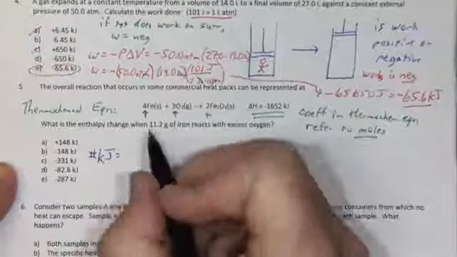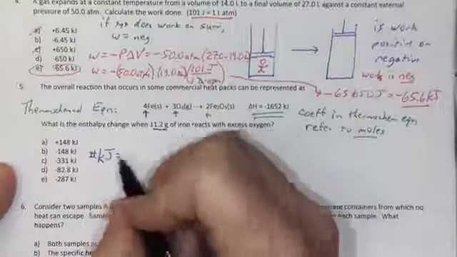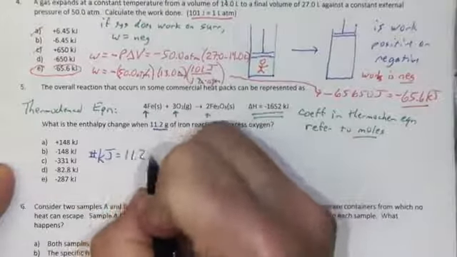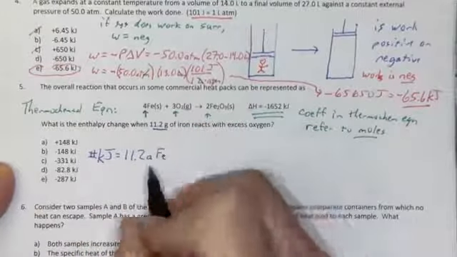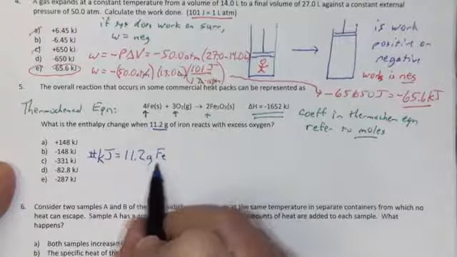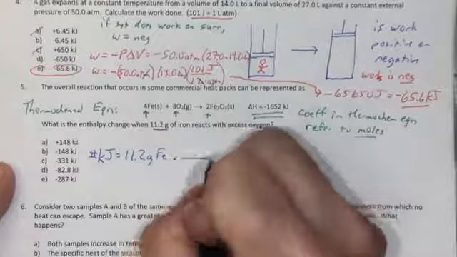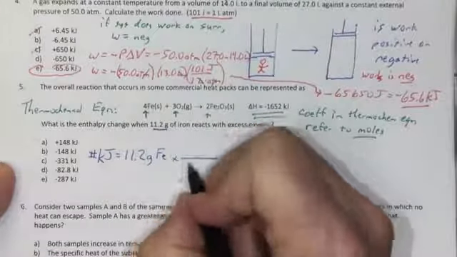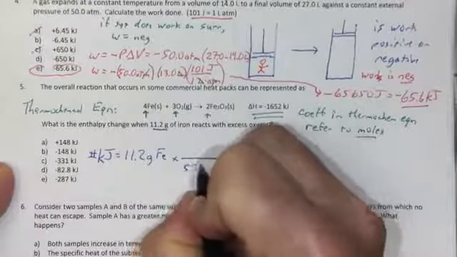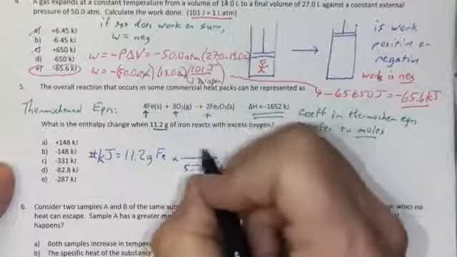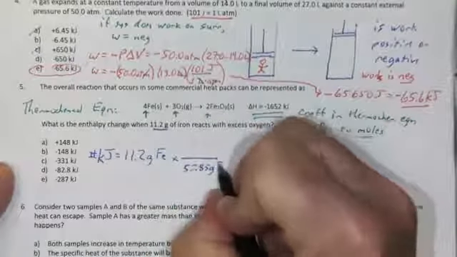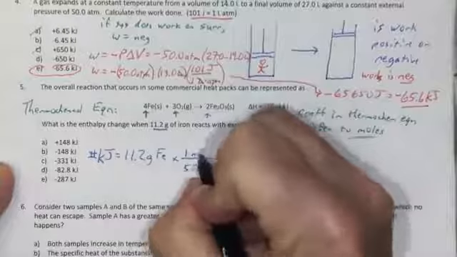Number 2, start with the given measured quantity, which is 11.2 grams of iron. Now this is just like a stoichiometry problem. And I will convert from grams of iron to moles of iron using the molar mass. So in the denominator, the molar mass of iron is 55.85 grams per every 1 mole of iron.